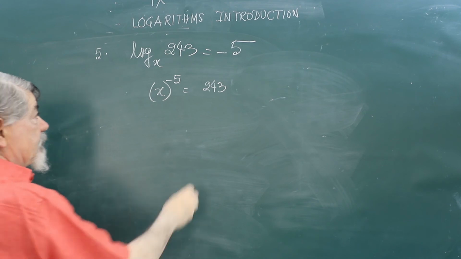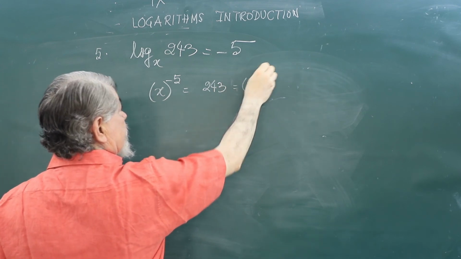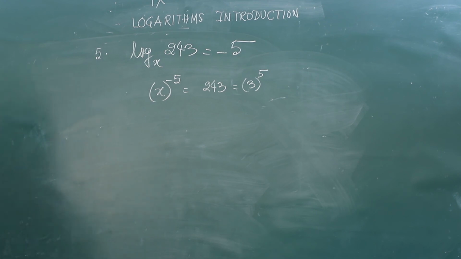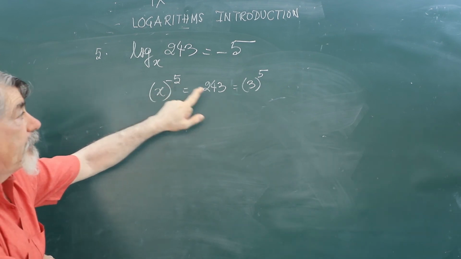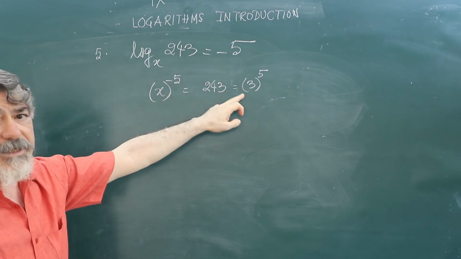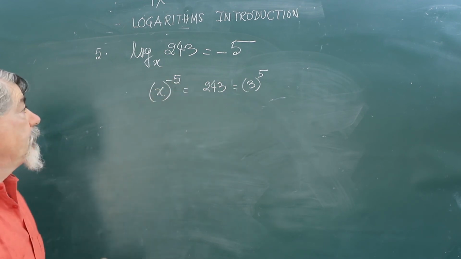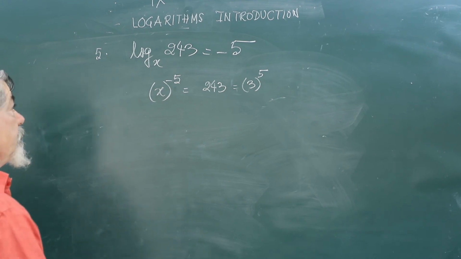And 243 is actually 3 to the power 5. So it is x to the power minus 5, and it is 3 to the power 5. The powers are not the same. Powers have to be the same. Then only I can equate the bases.